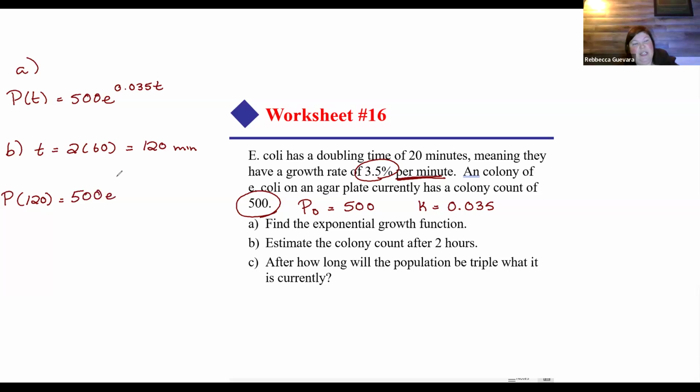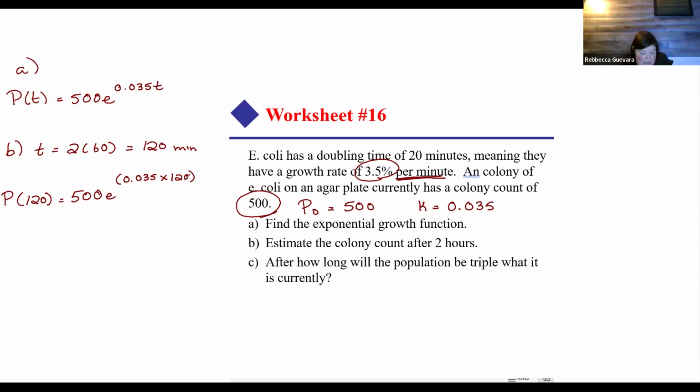So we have 500 e to the 0.035 times 120. So remember, keep your exponent in parentheses with calculators. It depends on the calculator, but some of them you're really going to need to use those parentheses to make sure it works correctly. Okay.